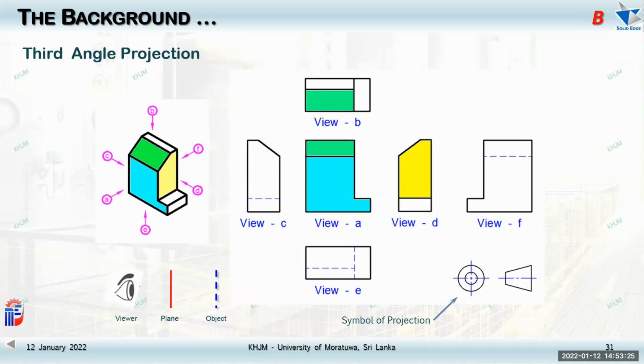In the first angle projection, the top view or plan view is at the bottom. Two different orientations. Most of the software that we receive from the USA, the default is set to third angle projection. Even from Germany and Australia, they all use third angle projection. So you have to be very careful.